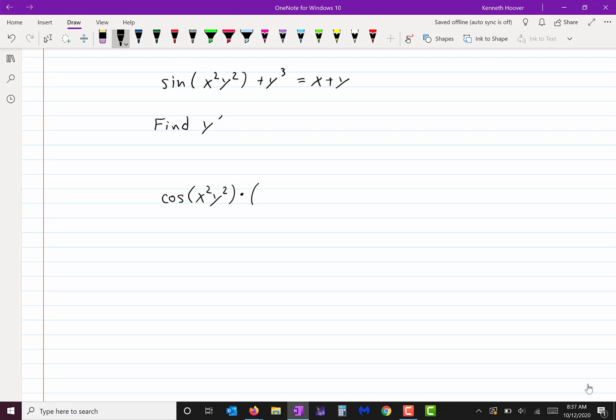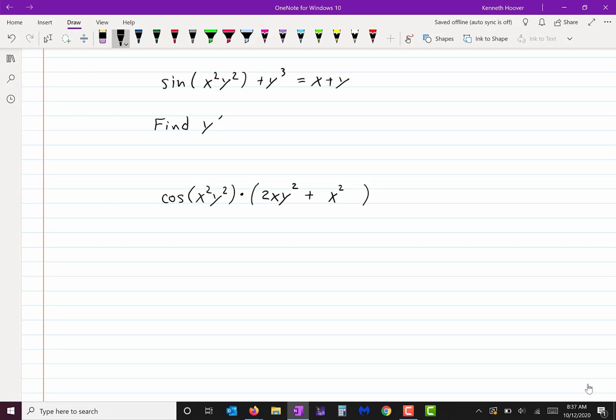So I will have to use the product rule. So I get the derivative of the first times the second plus the first times the derivative of the second.